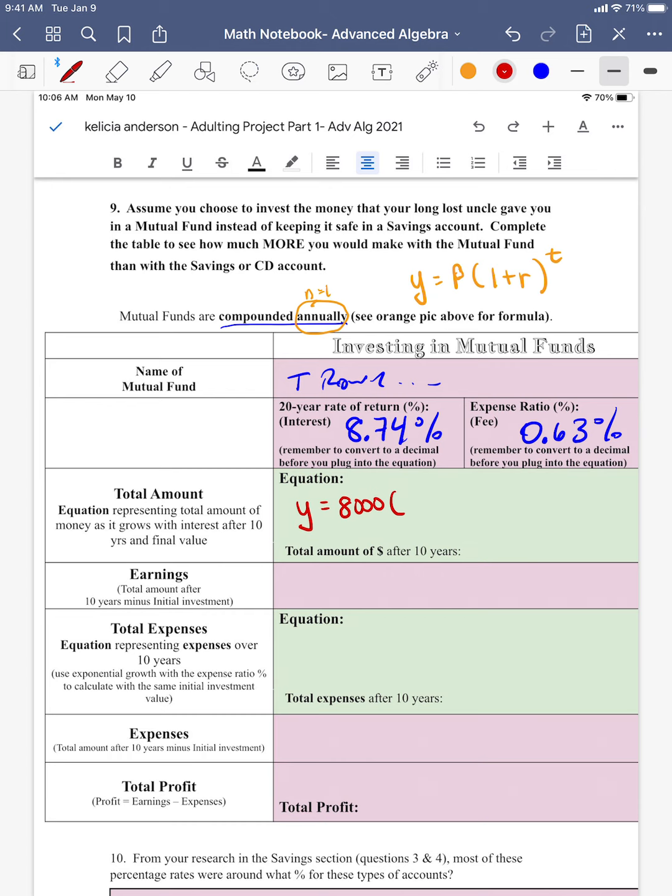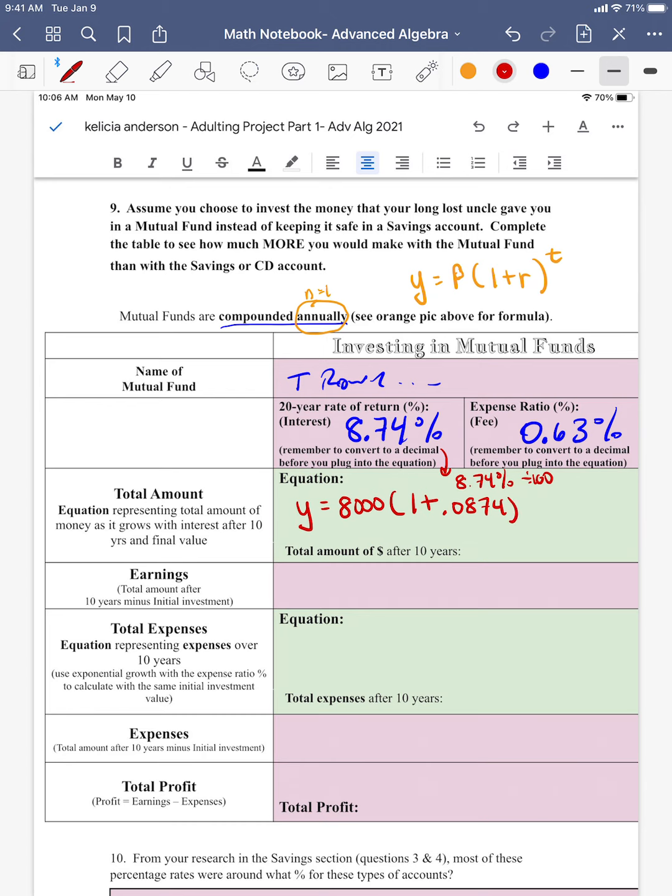Then I'm going to put 1 plus, because I'm just following the formula, the initial value, parenthesis, 1 plus. My rate always has to be the percent divided by 100. So for the rate, I'm going to take 8.74% and divide that by 100. And that gives me 0.0874. That's what goes in for the R.